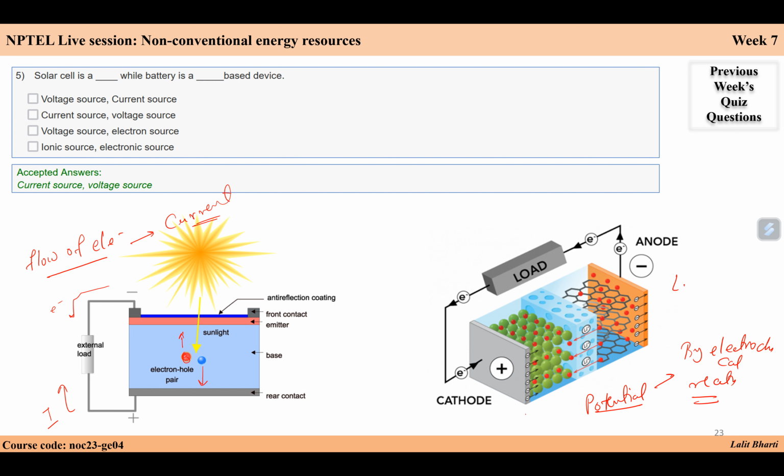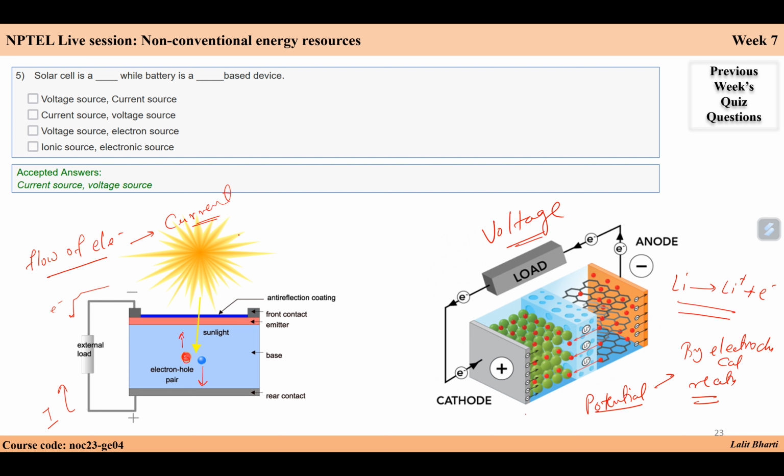So we have some electrochemical reactions, like lithium going to lithium plus plus electron. These all depend on the electrochemical series and the thermodynamics of the system. So basically we get a potential difference. Potential difference means a voltage. And due to this voltage, we get the flow of electrons.